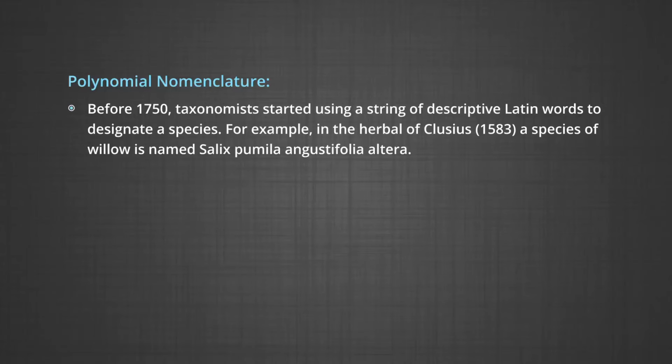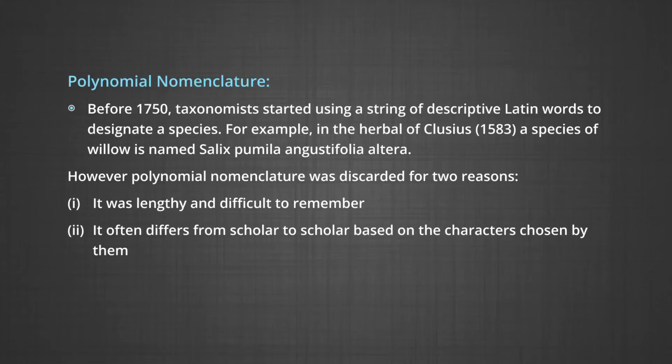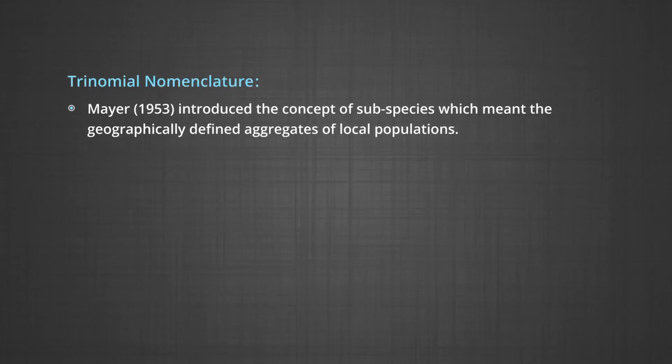For example, in the Herbal of Clusius, 1583, a species of willow is named Salix pumila angustifolia altera. However, polynomial nomenclature was discarded for two reasons. It was lengthy and difficult to remember. It often differed from scholar to scholar based on the characteristics chosen by them.